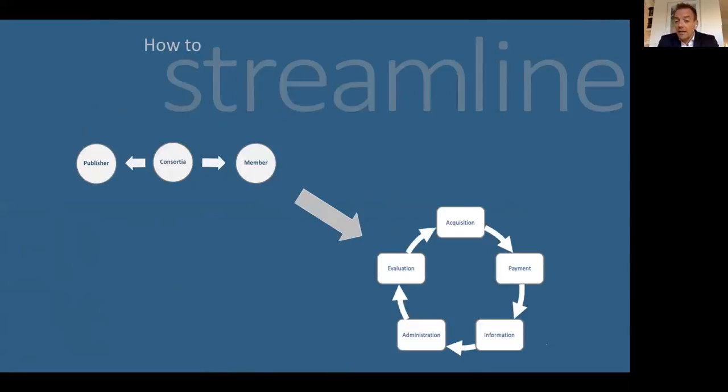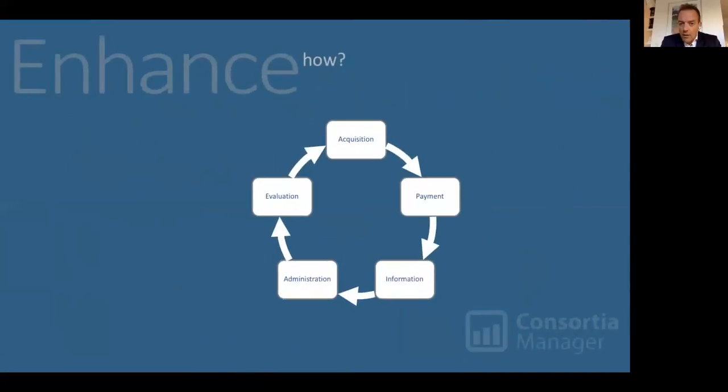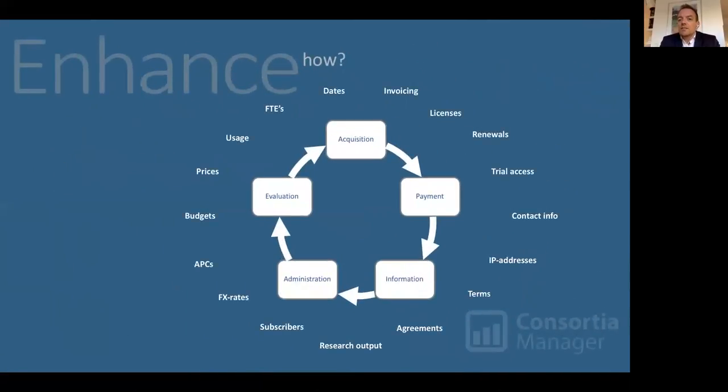Then we've got, at the end of the cycle, the evaluation, which decides on whether agreement should be renewed or not. And all these things goes into that. Everything from contact information from the vendors, license terms and conditions, FTE data for the members to use in pricing models.